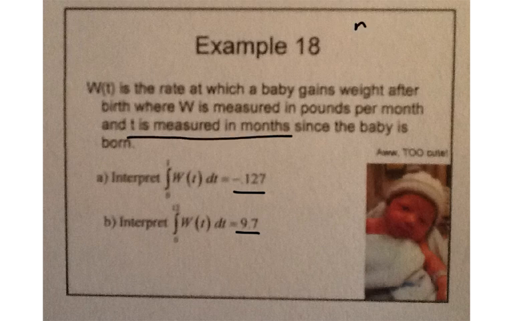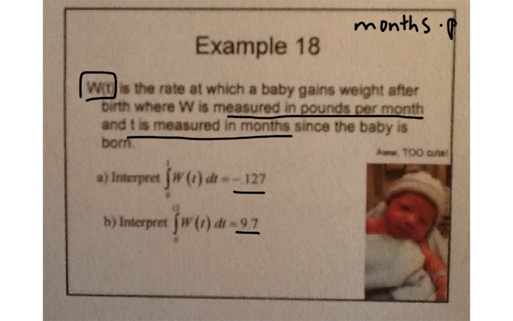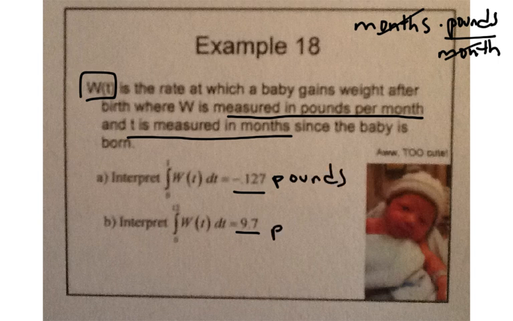So we're going to say months times the dependent variable is W of t, and it's measured in pounds per month. So if we multiply these, months cancel and it equals pounds. So that means the answers for both of these are in pounds.